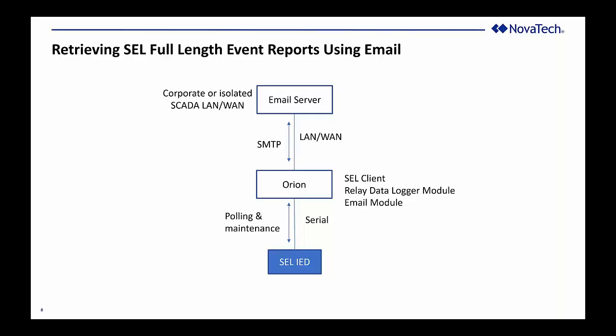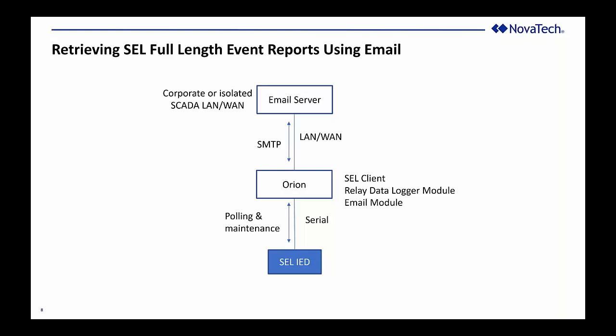This email module will have the Orion send an email out to a group of recipients with that long event report attached, or it could also be in the body of the email. So that's the third thing we'll demonstrate today.